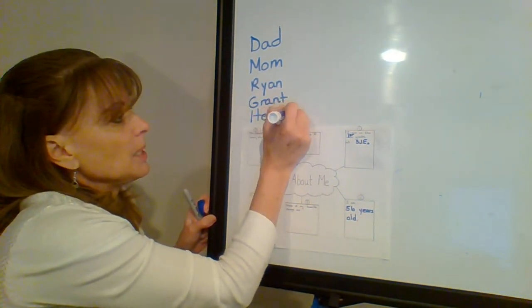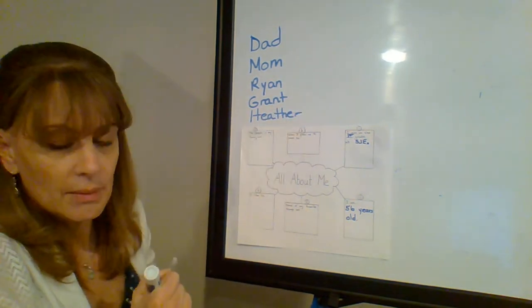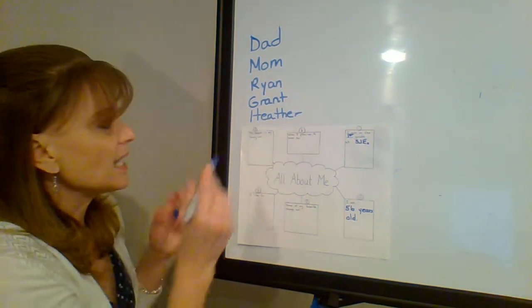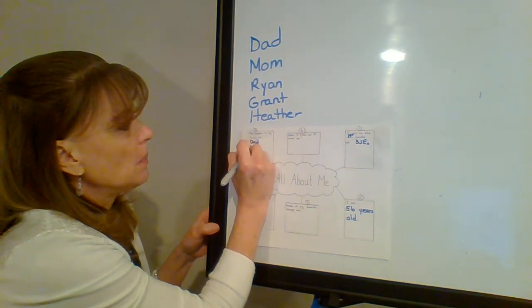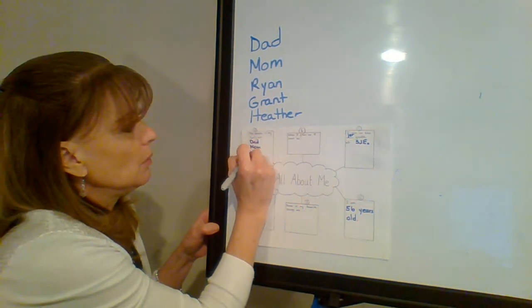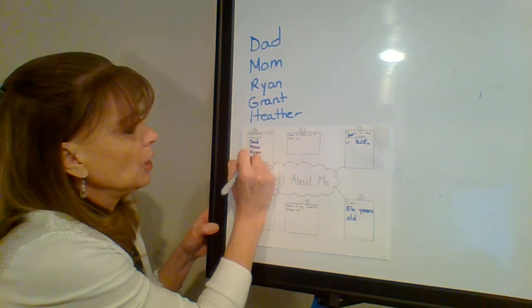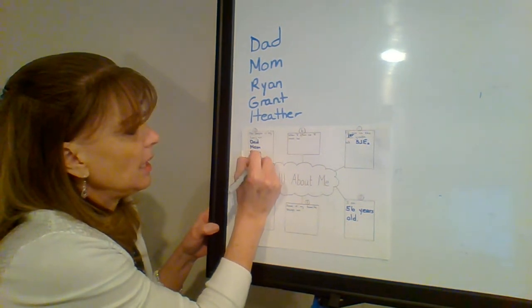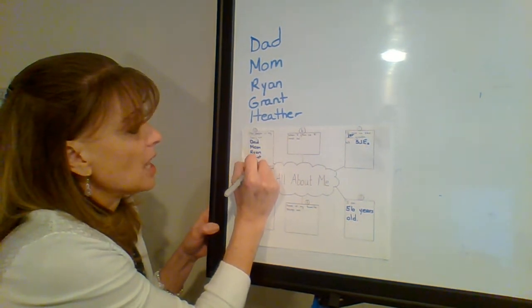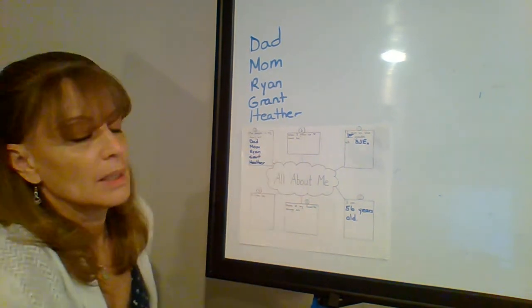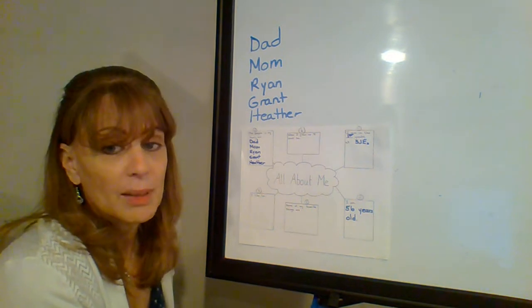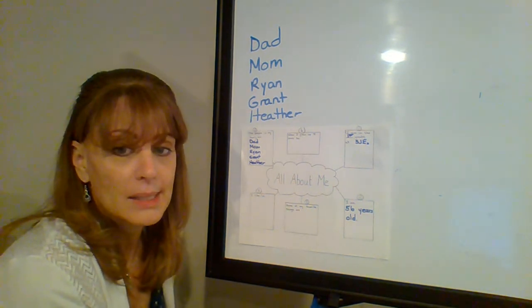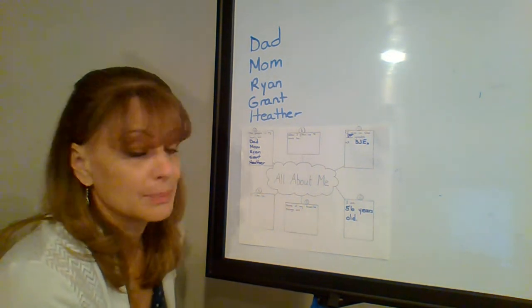So these are the people in my family. Okay, you're just listing their names one under the other. So dad, mom, Ryan, Grant, and Heather. You have to write small. There's not a lot of room. But list the people who are in your family. Just your immediate family. We don't need to know grandma, grandpa, aunts, uncles, all those other people, and no pets.